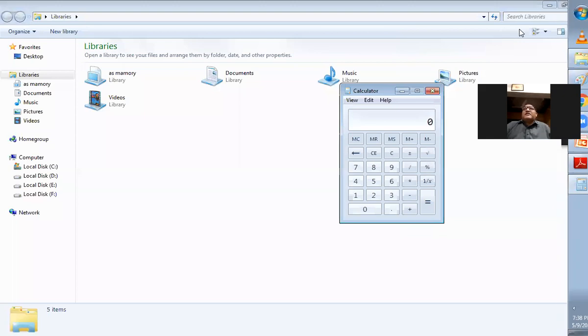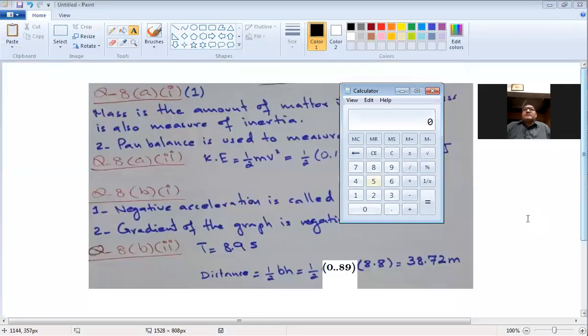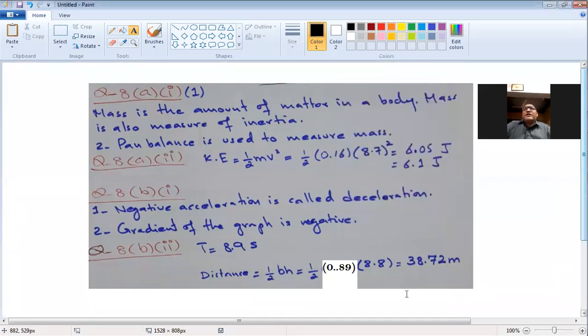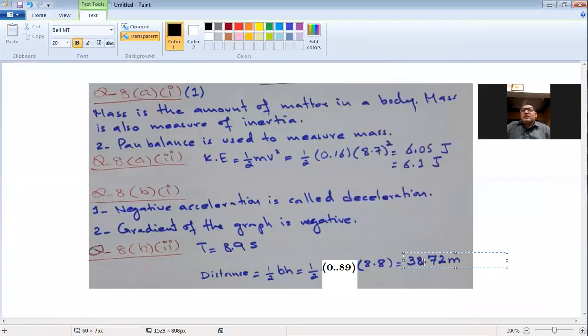Let me get the calculator. 0.89 multiply 8.8 divided by 2, and that will be 3.91. So it was 3.9 approximately. So here I will write this answer, 3.9 meter.